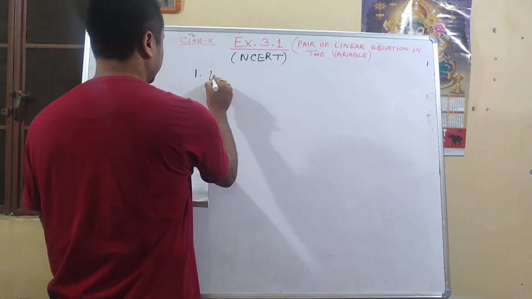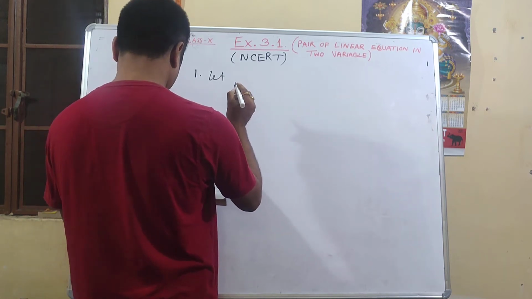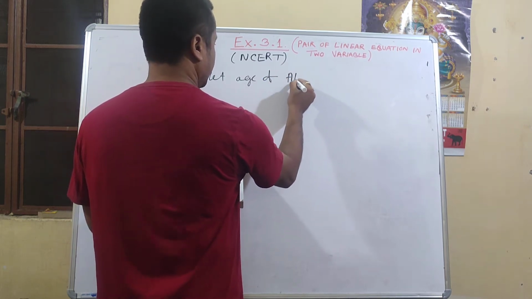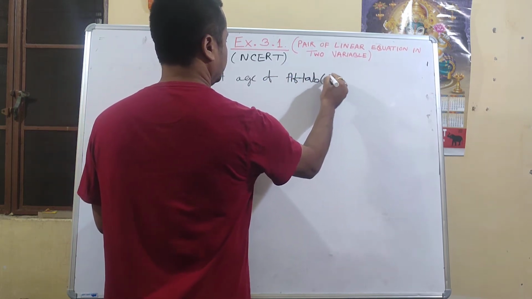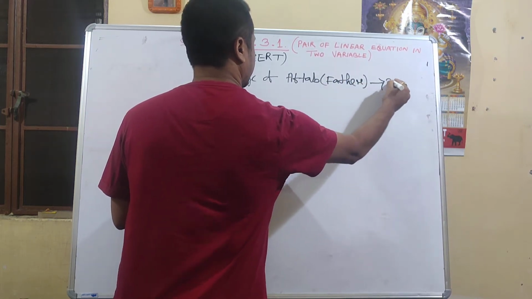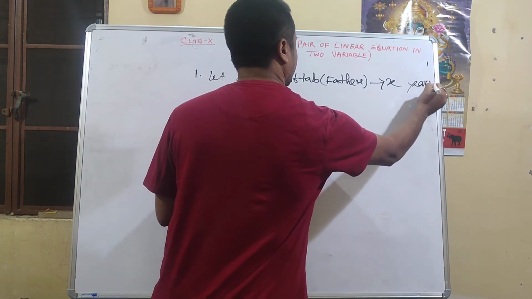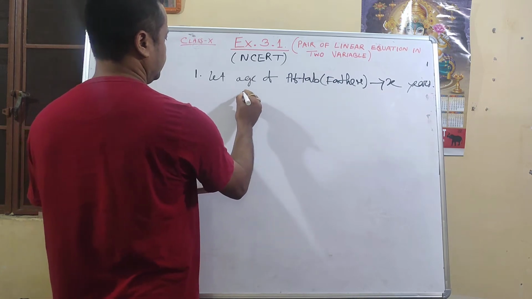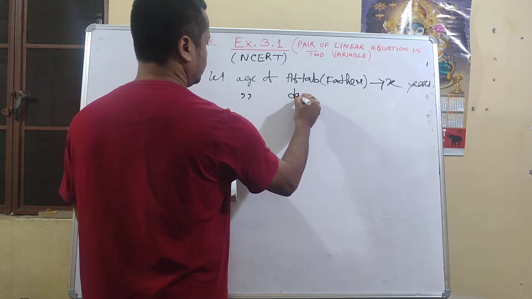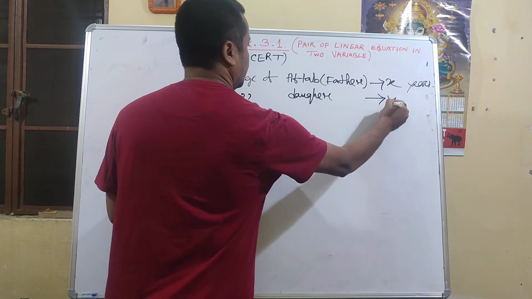So let the age of father be x years, and the age of daughter be y years.